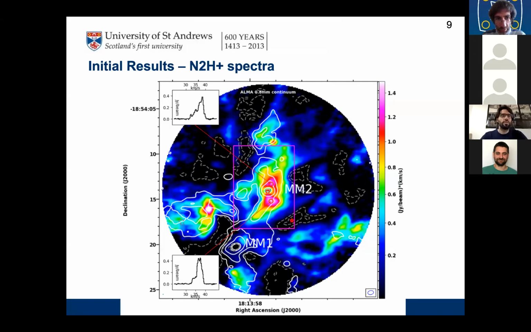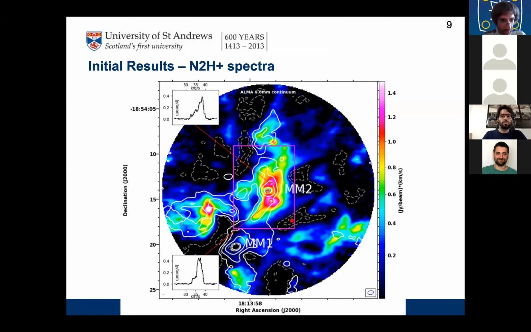The negative contours. Sorry, I didn't mention that when I talked about this. The negative contours are showing the negative bowls in the N2H+ dataset. So it's basically showing the spatial filtering, short spacing problem of this dataset.